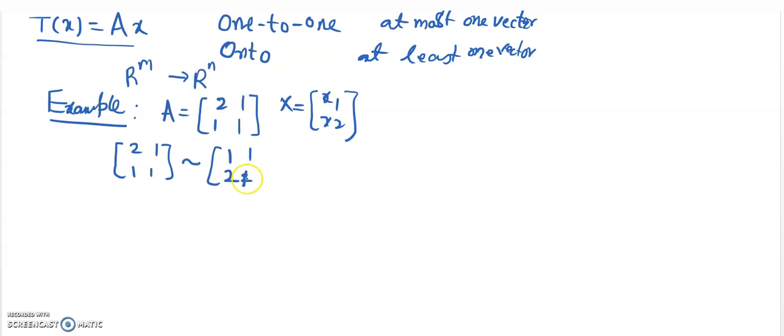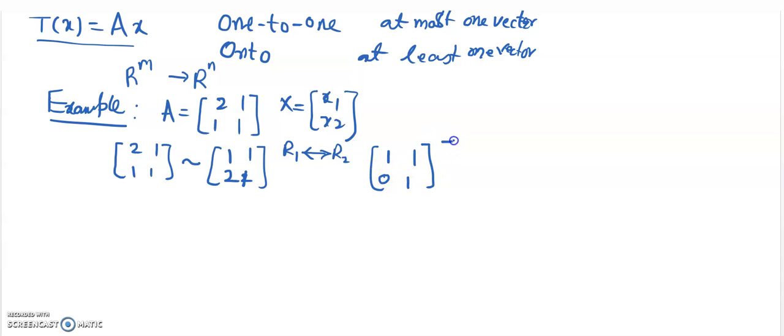We interchange row 1 and row 2, and next for the echelon form we make this entry 0, so 1 1, and then -2, so 0, and then -2 plus 1 is -1.